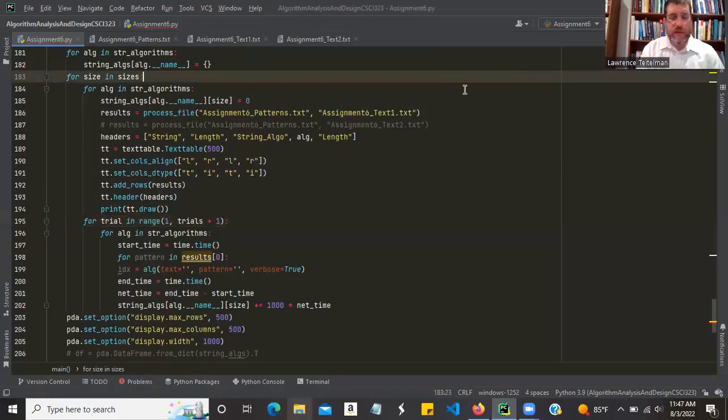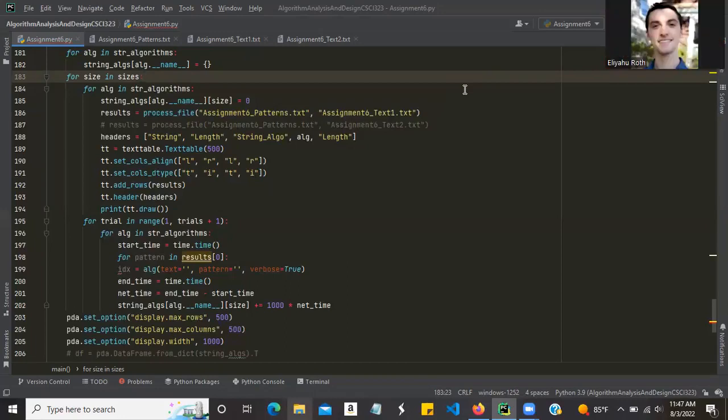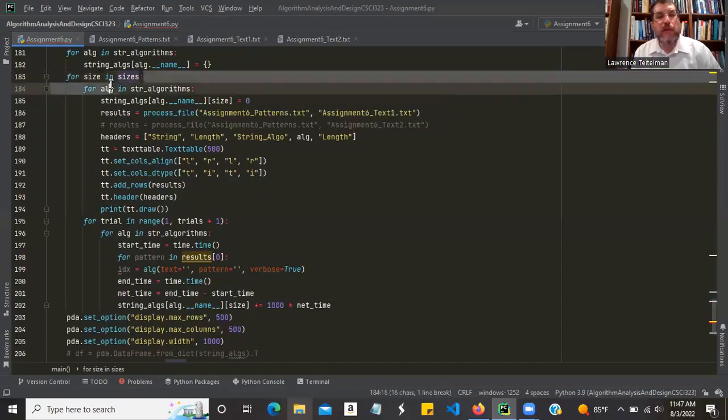It's the dictionary and table for that text, pattern, and alg. Okay, so that's the hierarchy. So again, all that code there is inside a triple nested loop. You also don't need sizes anymore because we only have 2. Right, the sizes are not relevant here.